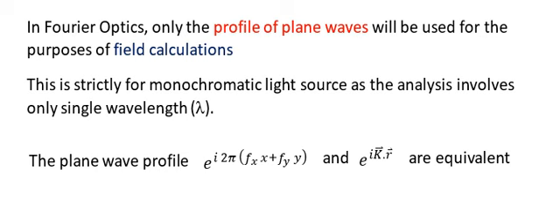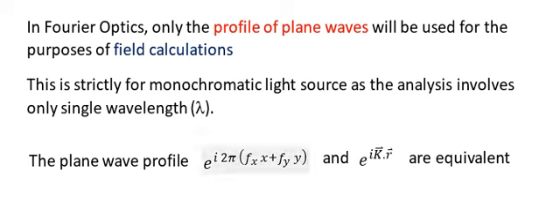Now you know that in the previous slide we have written the wave profile as e to the power iota 2 pi (fx into x plus fy into y). So this term is also equivalent to e to the power iota k dot r. Both are equivalent.